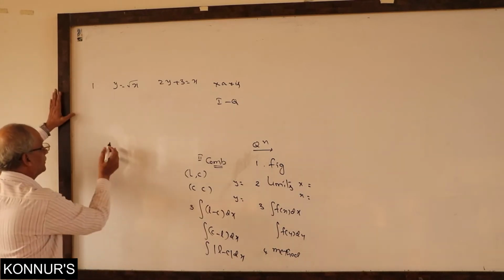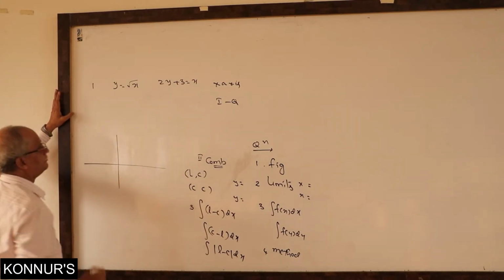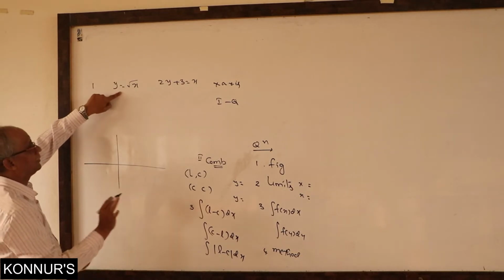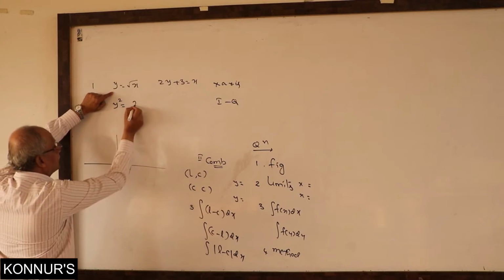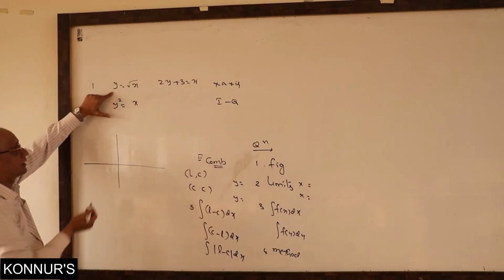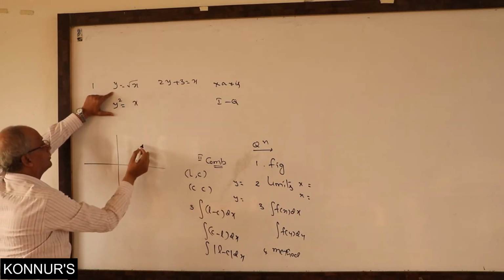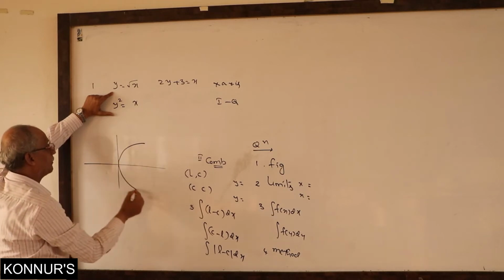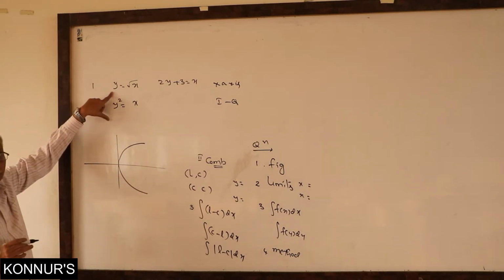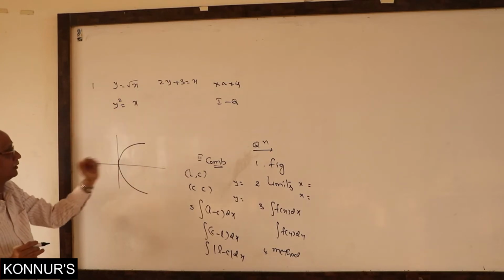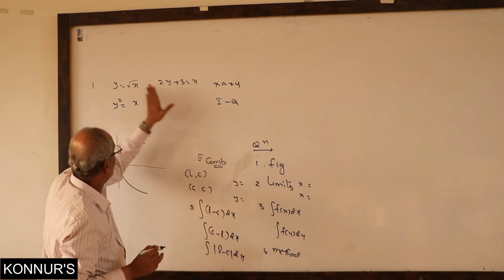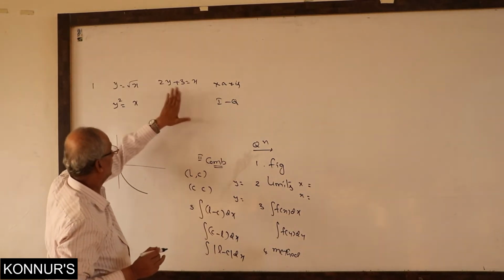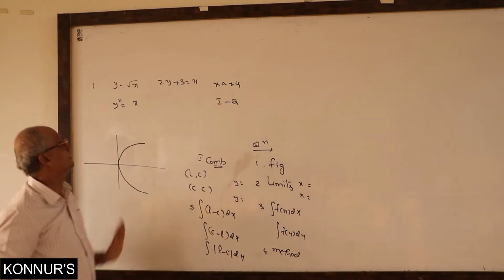Now you see the figure is coordinate geometry only. y equal to root x is indirectly the same as y square equal to x, which is the standard form y square equal to 4ax. But the total figure is not possible. We want only the first quadrant. Every time you read the statement, every single letter is very powerful.